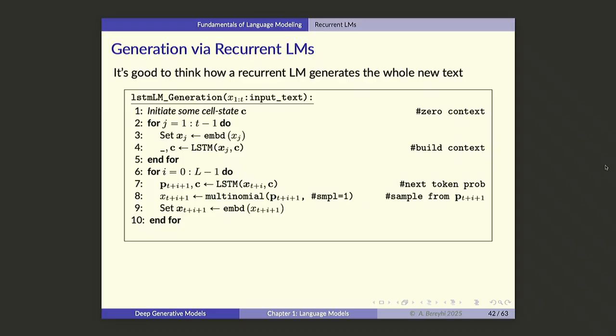So this is the way that you generate it. You need to pass everything you had into your LSTM to get the context at the time that you are at right now, and from then on, you can generate one token at a time, right? So this is token generation by recurrent language models.